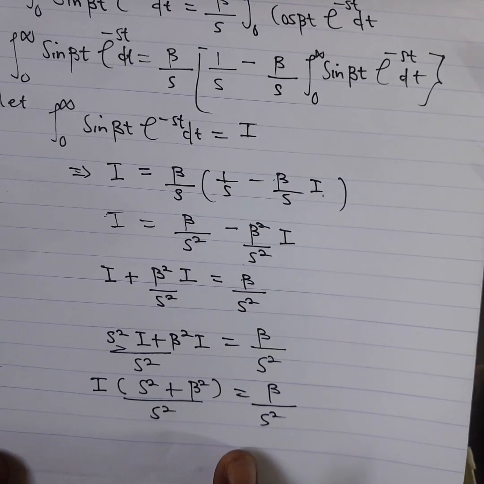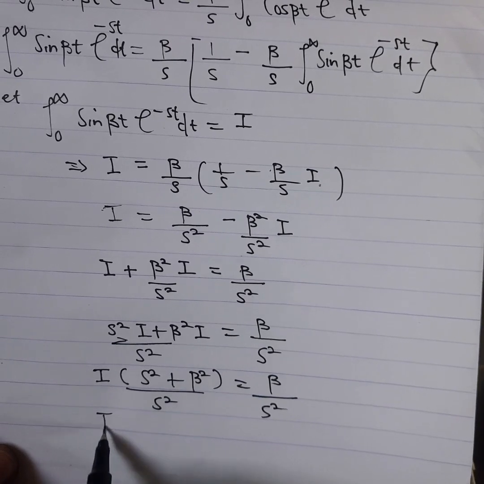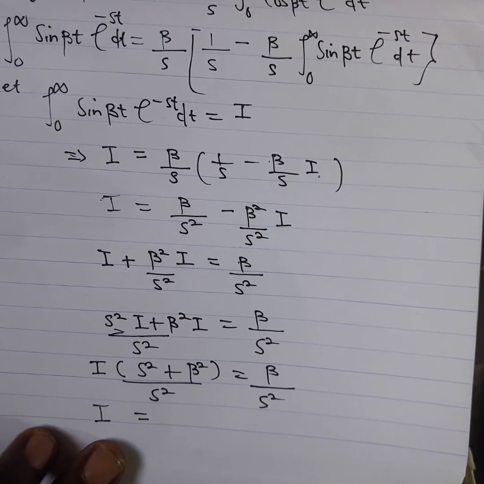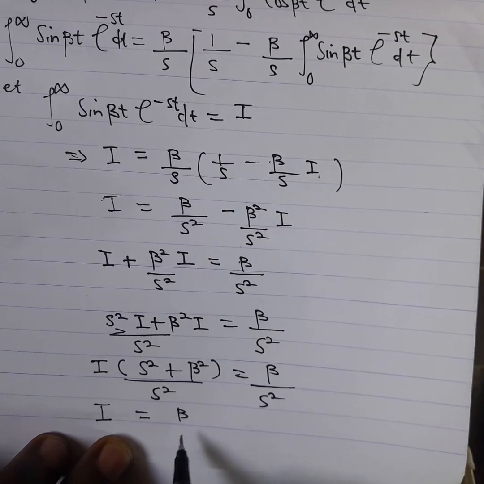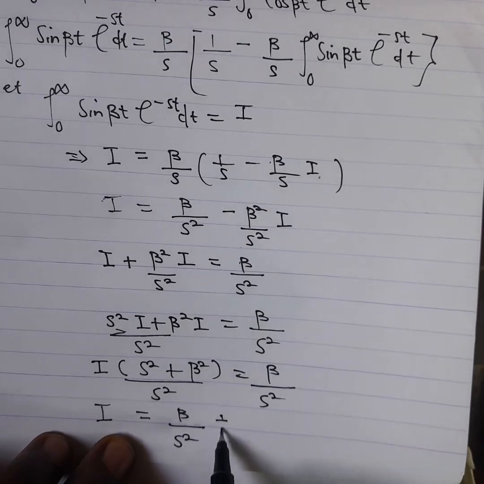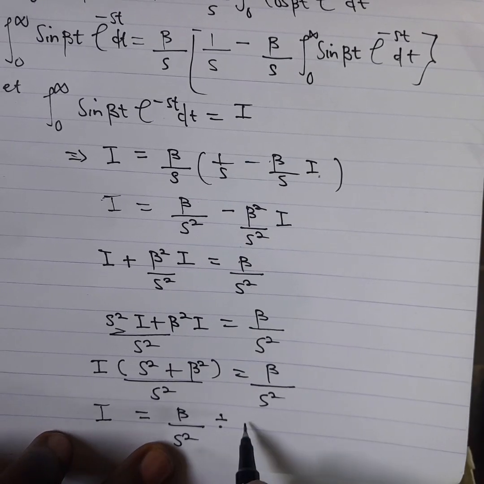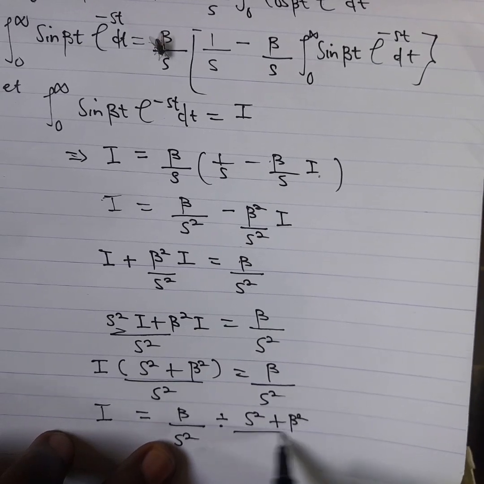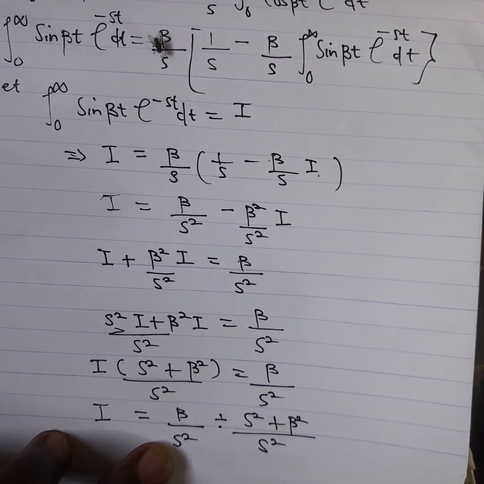So I equals beta divided by s square all divided by s square plus beta square all divided by s square.